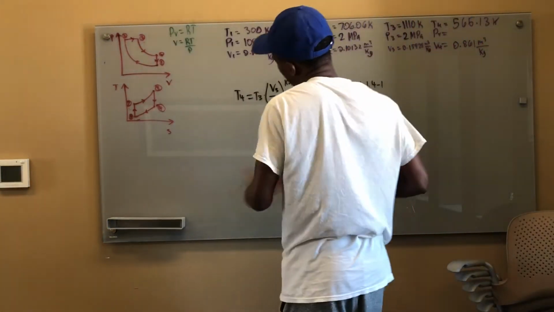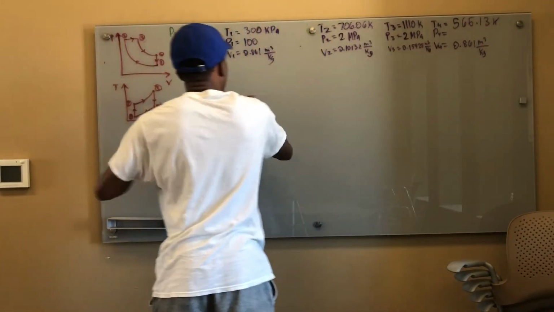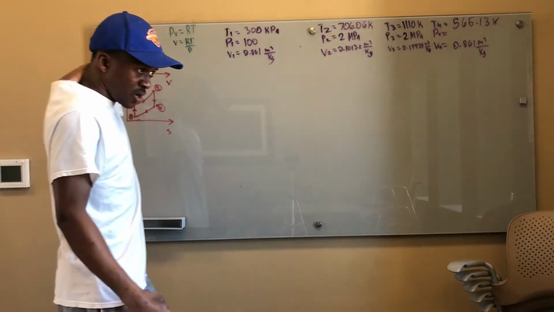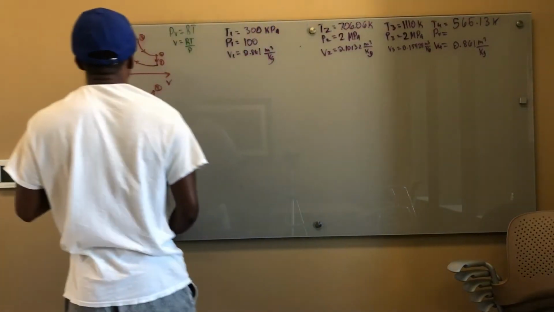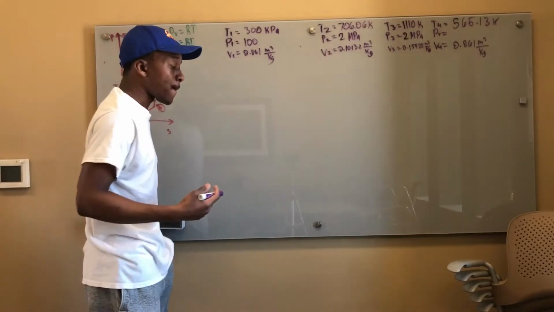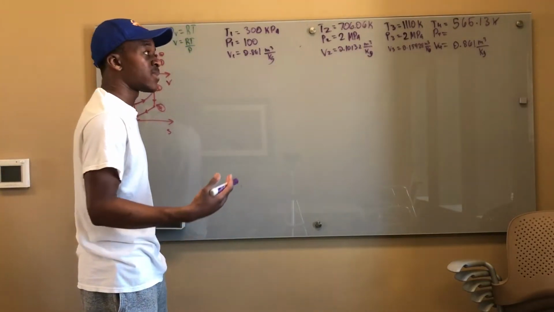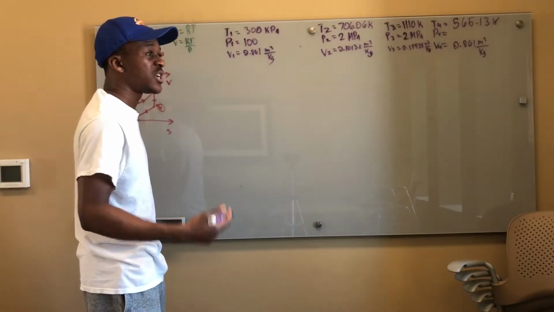Now, we basically have almost everything that we need to solve our problem. So I know that I have an isentropic compression, right? Then I have constant volume heat addition, isentropic expansion, and constant volume heat rejection, right?